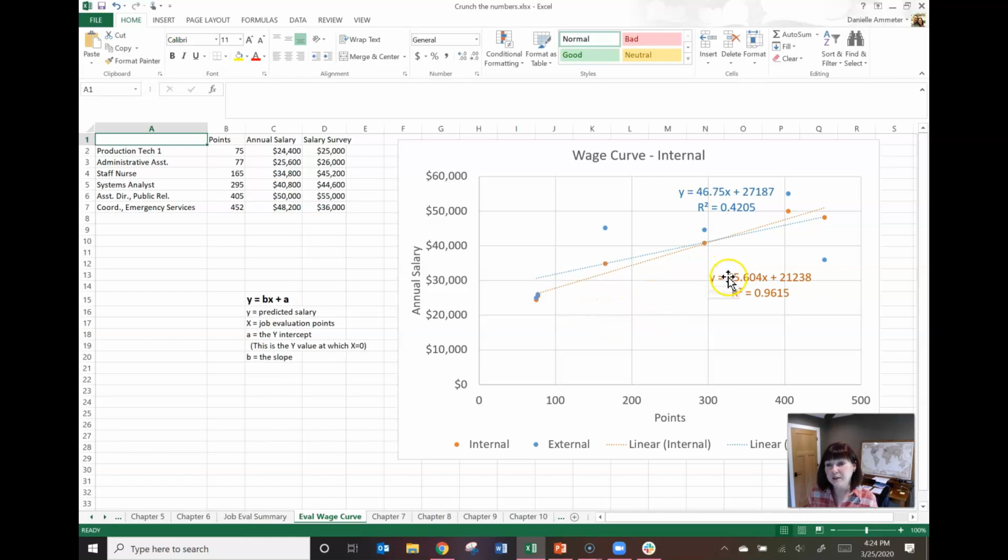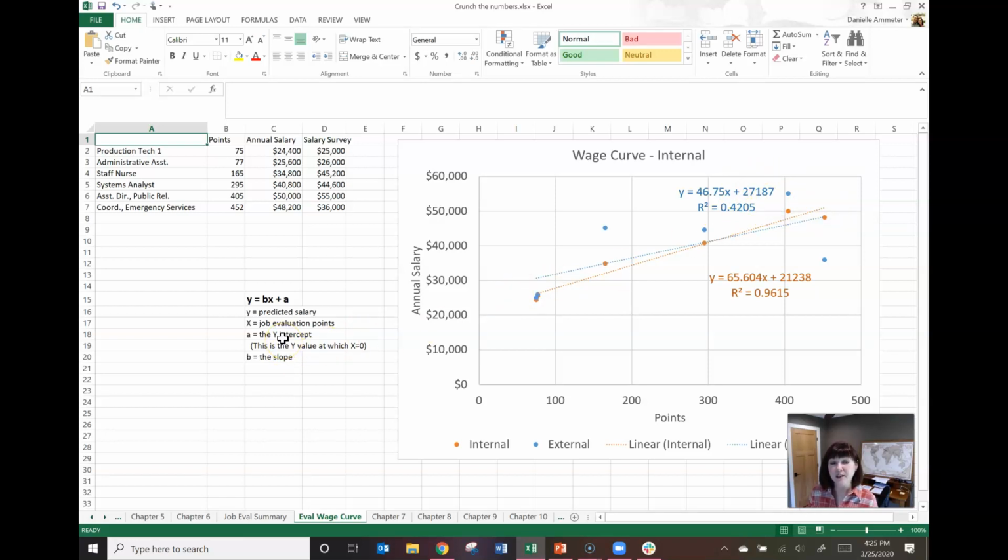This right here is what's called the regression formula. This is the regression formula for the external market. Y is predicted salary. We want to be able to predict the salary that we should be paying based on the rest of this data. This 27,187 is what's called the y-intercept.